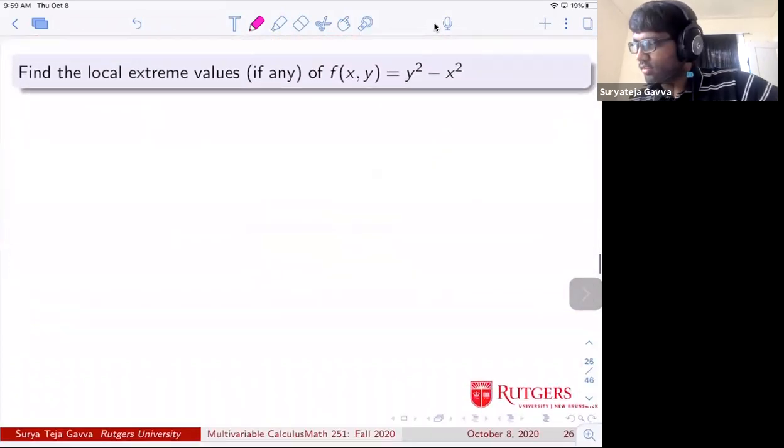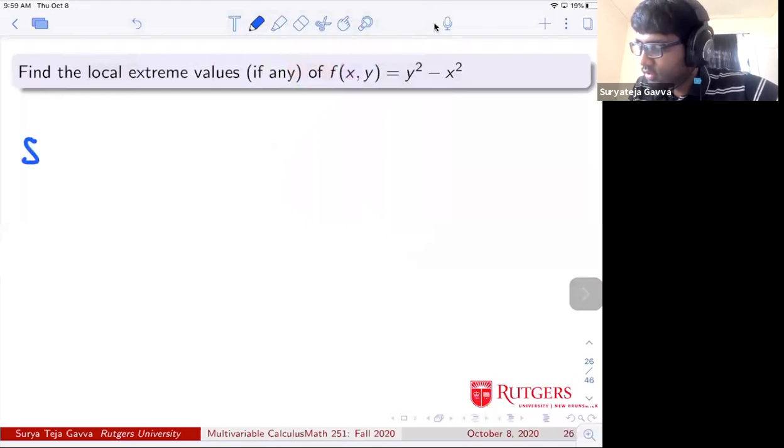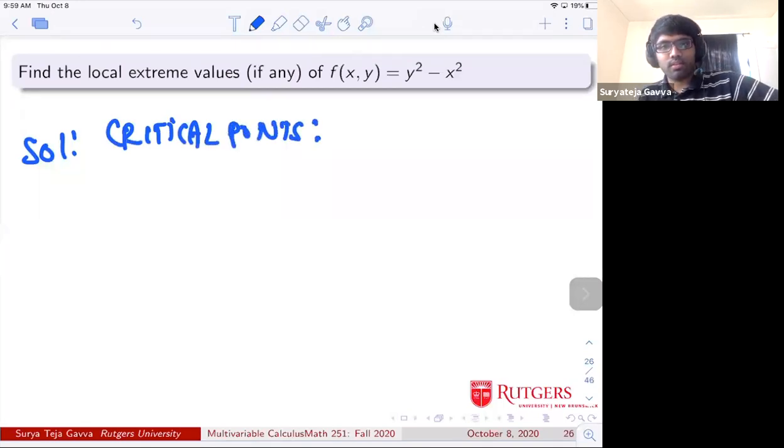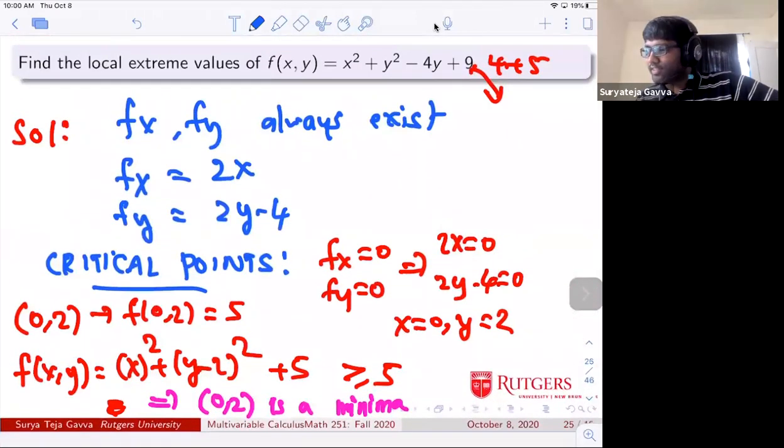So let me do it for some other function here. Can you tell me what are the extrema? So what are the critical points? Yeah, so you can draw charts, but you have to make sure that you can draw them properly. You have to see how this function looks.